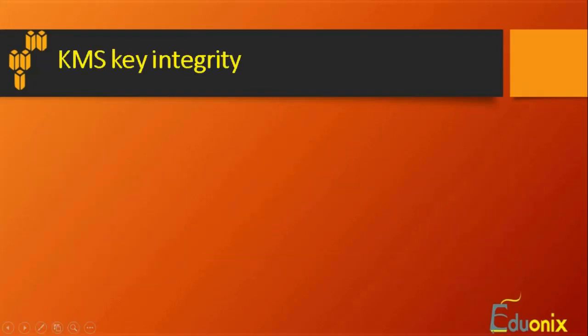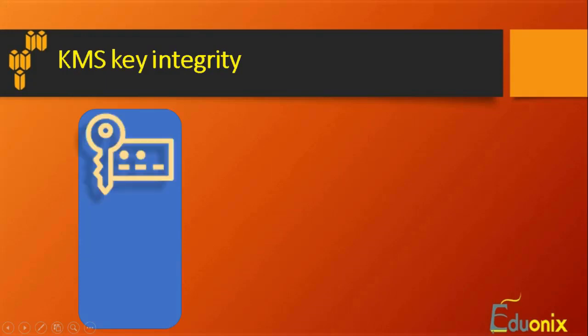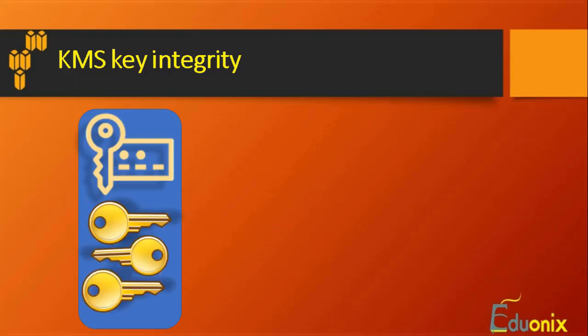Next, if I talk about KMS key integrity, as we know, the console contains your KMS, where all the security keys are not only located in your AWS cloud but also saved in different regions and different zones.